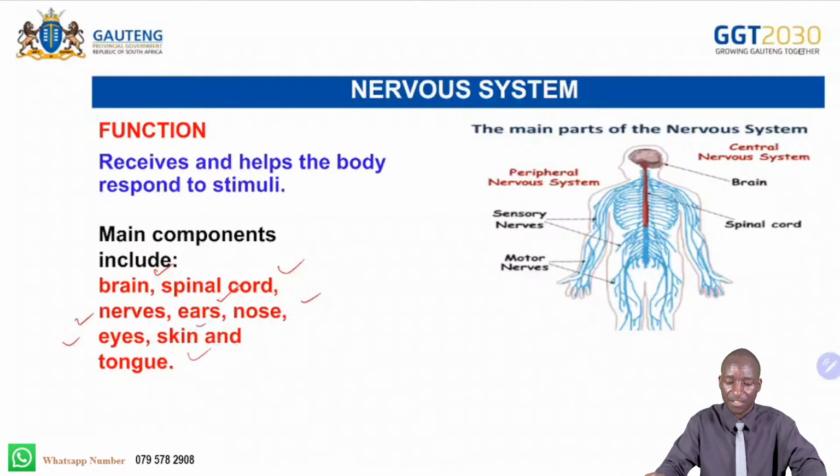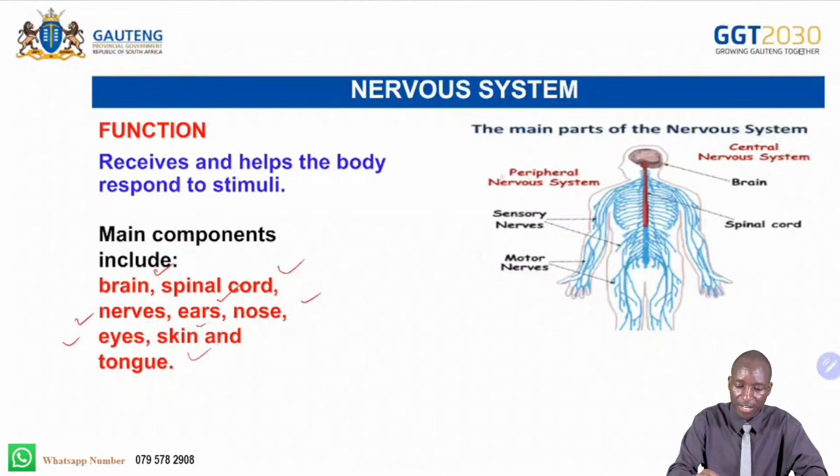Let's look at the structure showing all the main parts of the nervous system. We've got the central nervous system and what is called the peripheral nervous system. The central nervous system comprises the brain and the spinal cord.